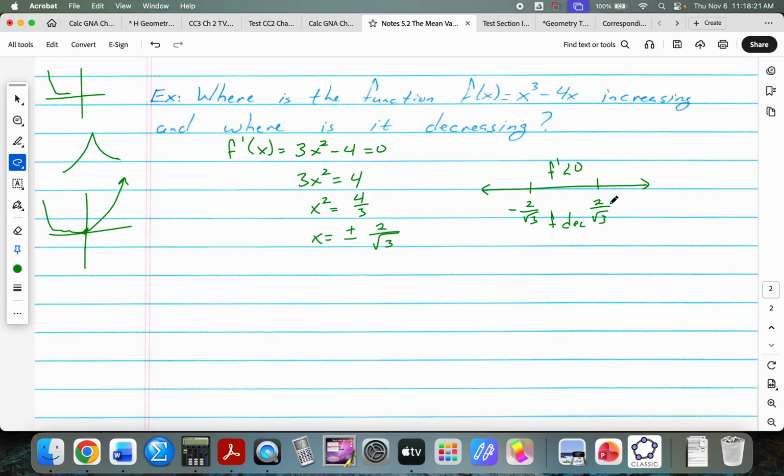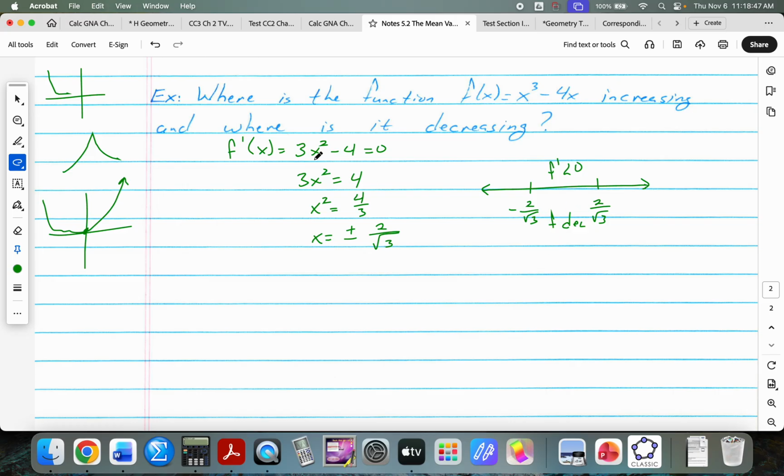Now, I don't know what 2 over the square root of 3 is, but the square root of 3 is close to 2, right? So am I pretty safe in thinking that 2 is bigger than that?